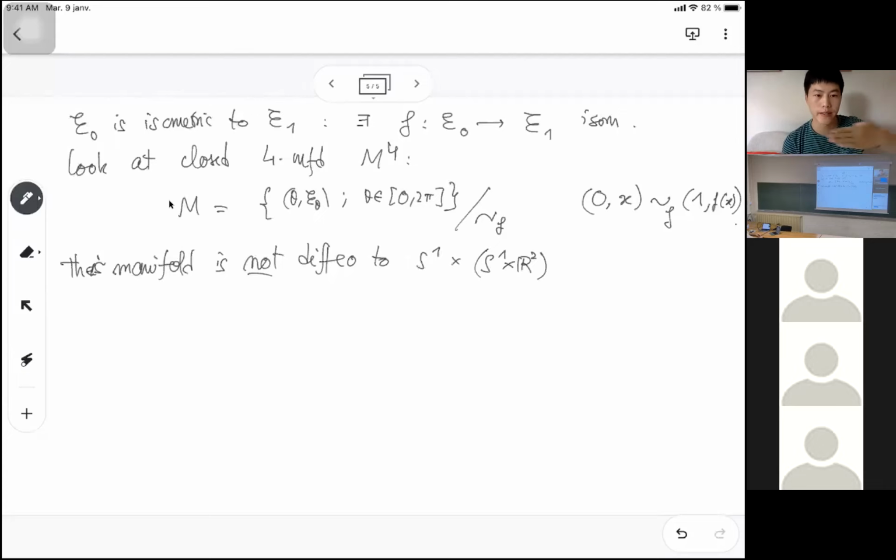So all the slices, E theta, are diffeomorphic to S1 cross R2. But once you glue it using this identity map, so in these charts, it's an identity map, but actually this four manifold is not a trivial product. That's slightly confusing, I think. But let's see. Yes, so it is true.